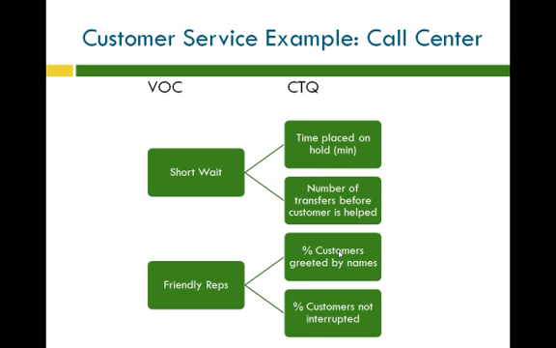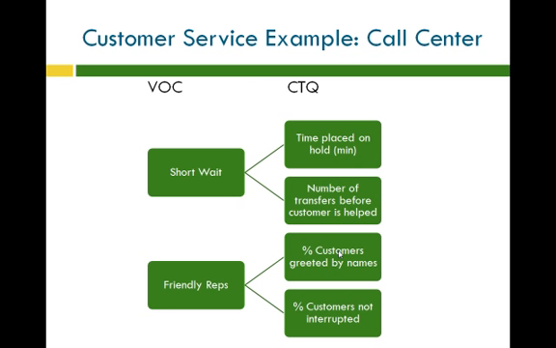Another example: here we have a service call, a call center, where you may call into the Best Buy call center to talk about a problem you have with a computer. So the voice of the customer may be, I want a short wait time and I want friendly reps.